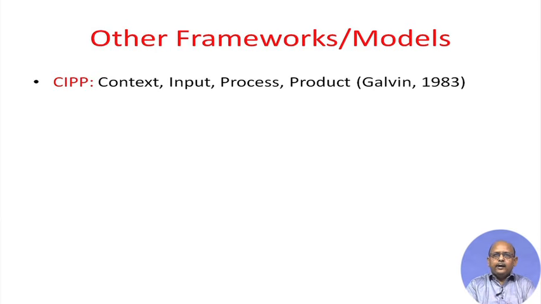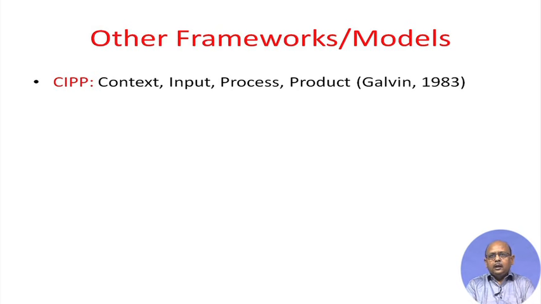Okay. You will find that it is slightly different from the Kirkpatrick model, because the Kirkpatrick model starts evaluation only after a training has been imparted, then only you go to get feedback from the employees about the training, right. Here you also evaluate the context, because evaluation of the context helps you to identify the right kind of people for training.